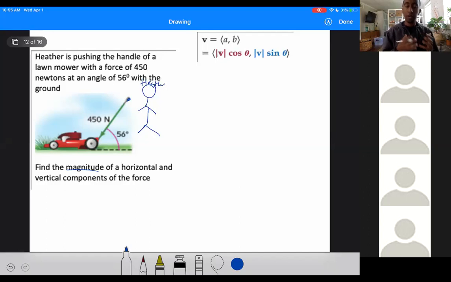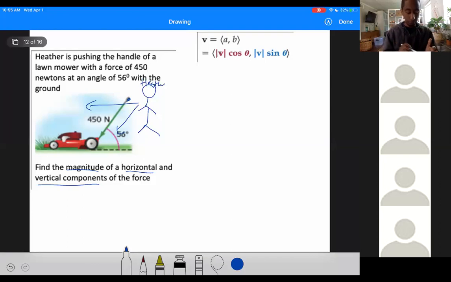So we're looking for the magnitude of the force, just the measurement of the force of both the horizontal and vertical components. The reason this has a vertical and a horizontal component is because as Heather is pushing the lawnmower, she is both pushing it forward and pushing it downwards. Both are happening at the same time. If you're standing above an object and pushing it, you're pushing it forward, but at the same time pushing down because of the angle.